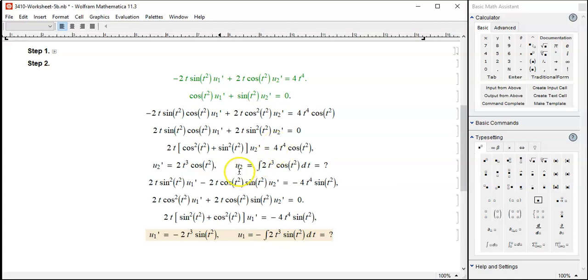So this is the antiderivative computation I have to do. And here's another one I have to do.